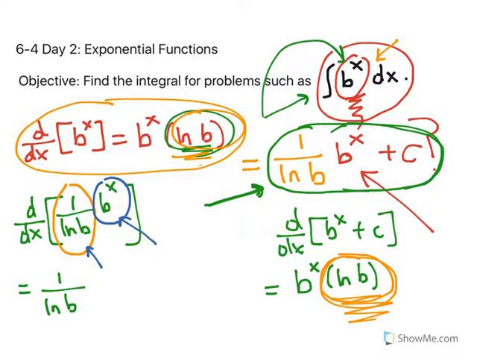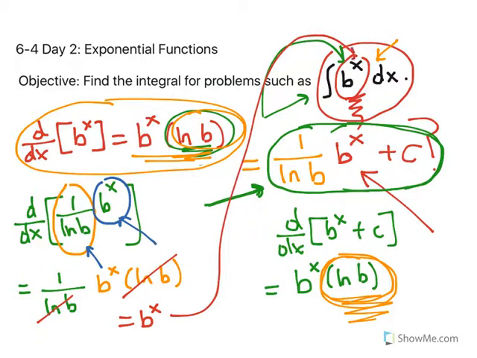And the function we have here is b to the x, and the derivative of that would be, using our rule from yesterday, b to the x times natural log of b. And of course, natural log of b is a constant, so you can cancel the common factor of natural log of b in the numerator and the denominator, leaving you with just b to the x, which is, in fact, the integrand that we started with. So what does that tell us? That tells us that what we have here is the correct antiderivative that we're looking for.